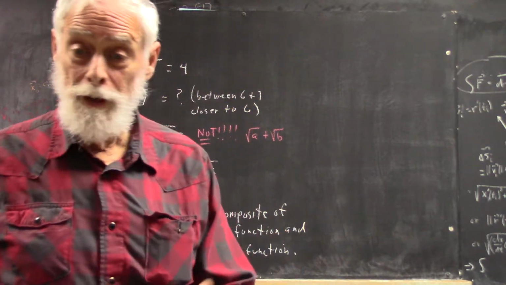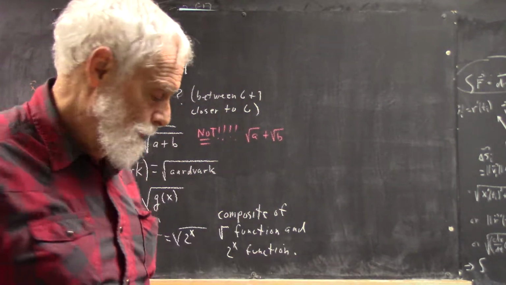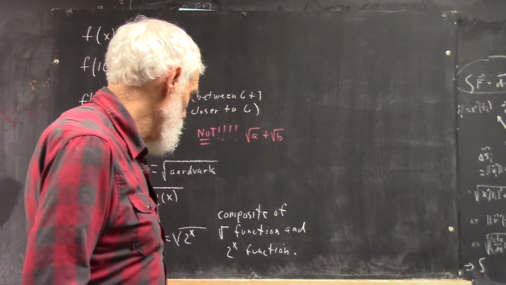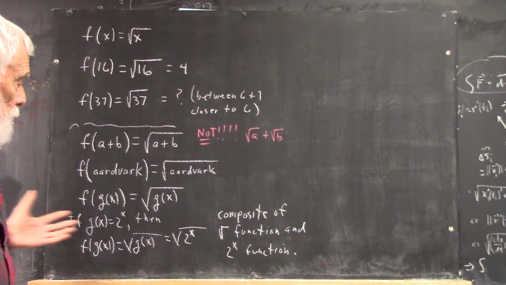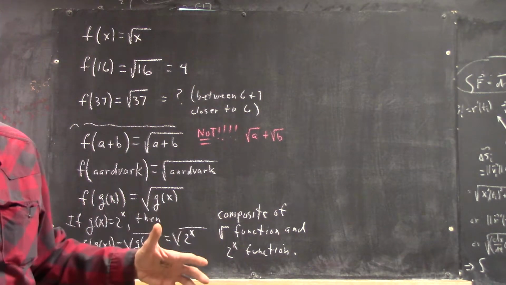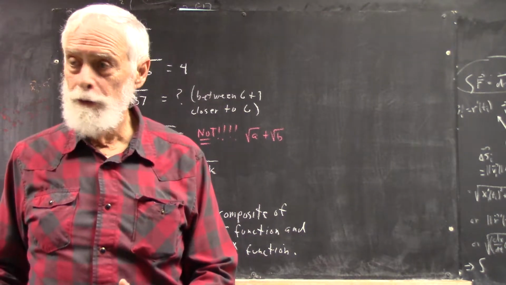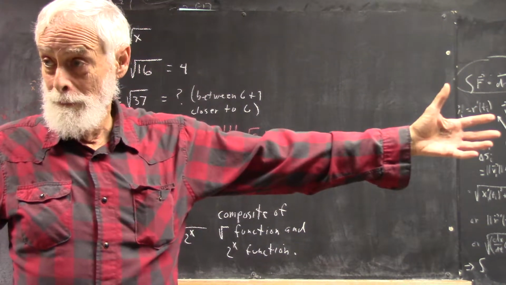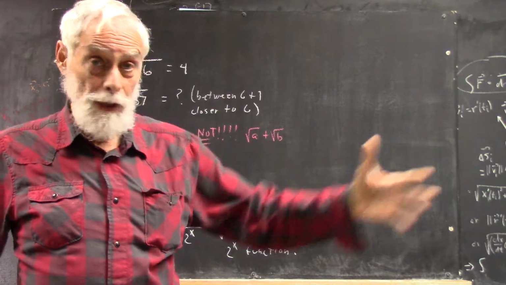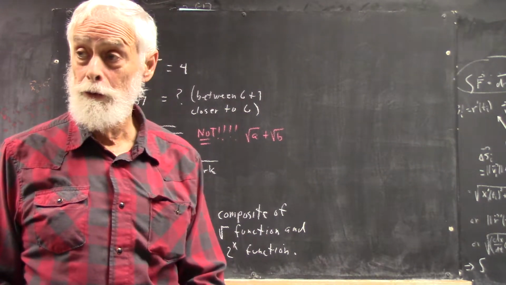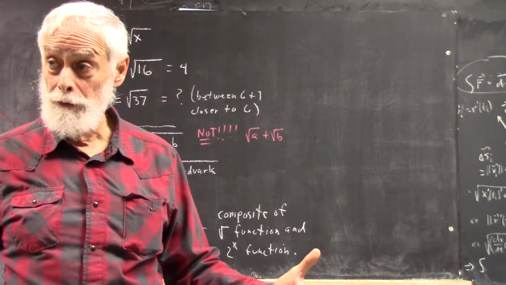Now, they also have sums and multiples of functions that are important, but they're a little easier to understand than composites. So by making composites of your basic functions, you get a whole new bunch of functions, which is why I want you to understand your basic functions, because this whole course builds on those basic functions.